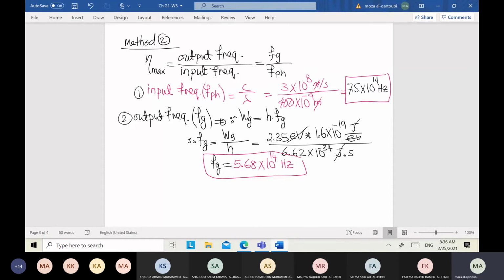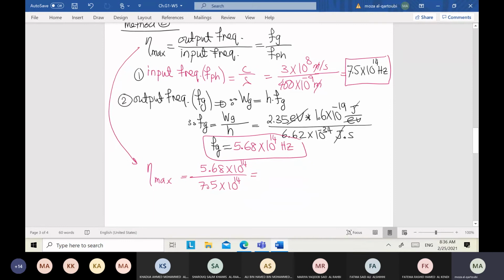So now we'll apply the rule. The maximum efficiency here will be the output frequency, 5.68 times 10 power 14, over the input, 7.5 times 10 power 14. 10 power 14 will cancel together. We find a ratio, and then find the percentage value.